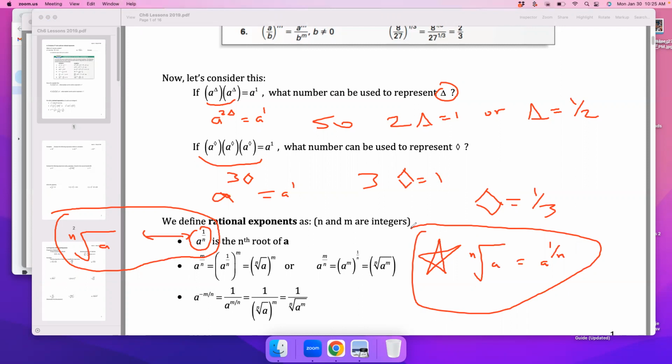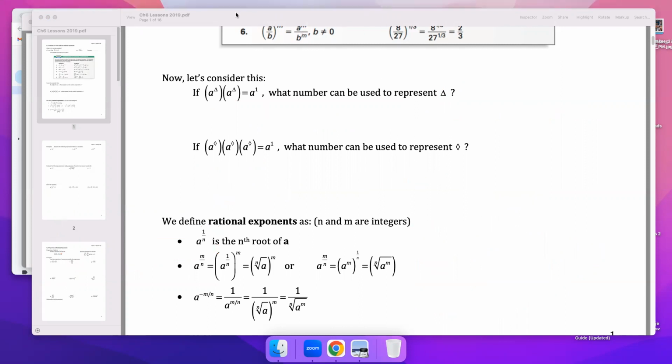However, what if you do have an exponent? If you do have an exponent next to the a, in addition to the radical, this is also important too. If you have a to the m over n, it can be written like this. So let me give you a good example. Let's do the cube root of 8 squared.